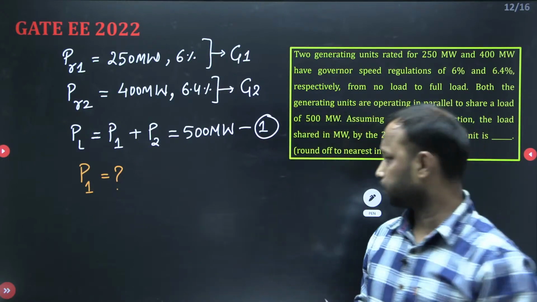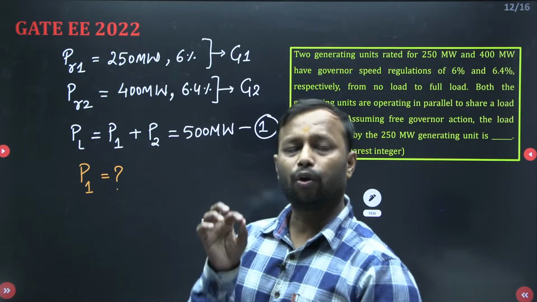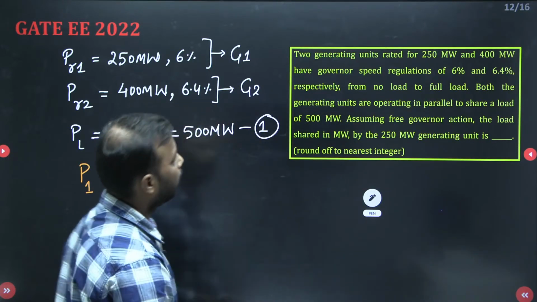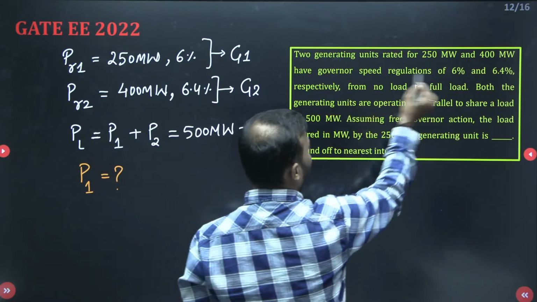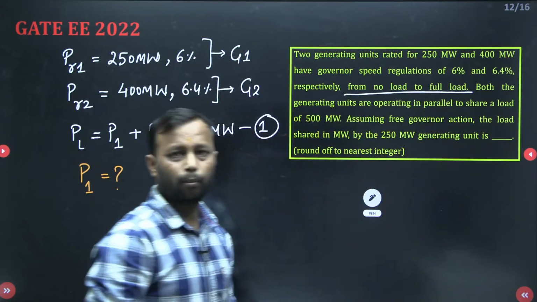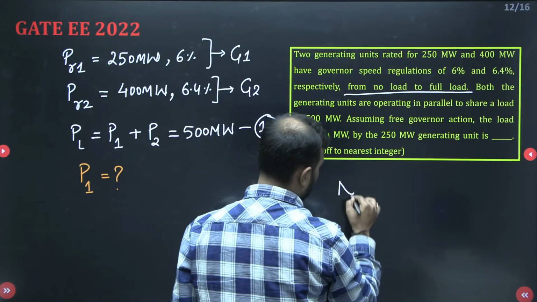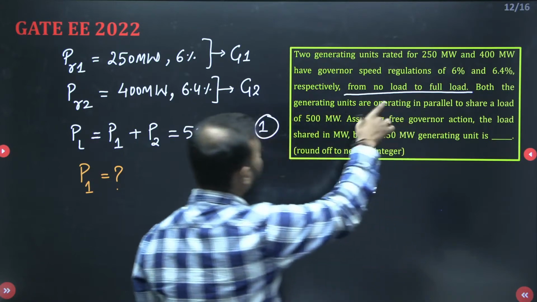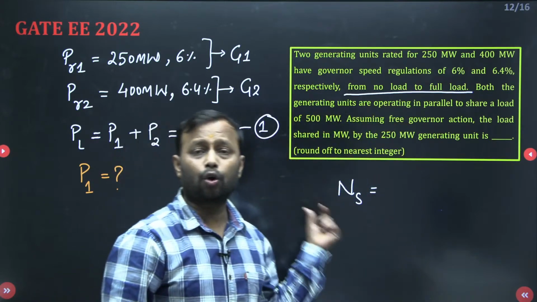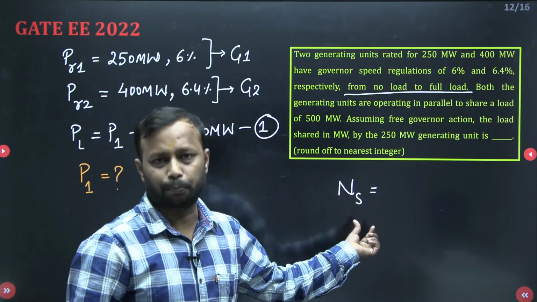Any doubt? Now for this, always draw the droop curve. One important line: your speed is decreasing from no load to full load. Now see here. Since this is a question related to the synchronous machine, and the rotor of the synchronous machine always rotates at synchronous speed, isn't it?